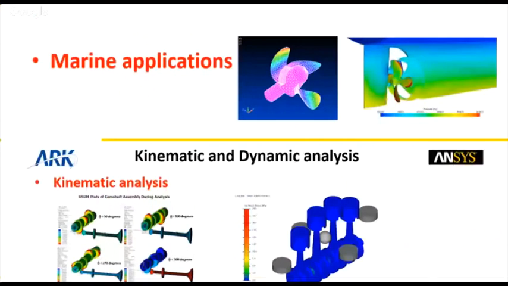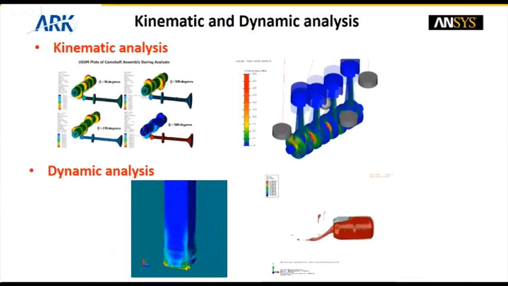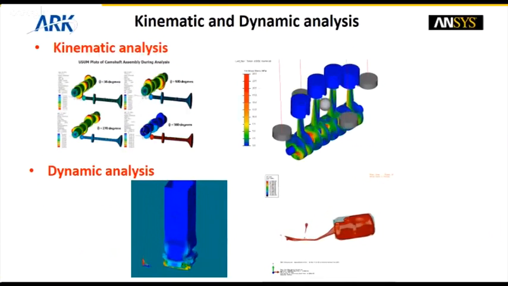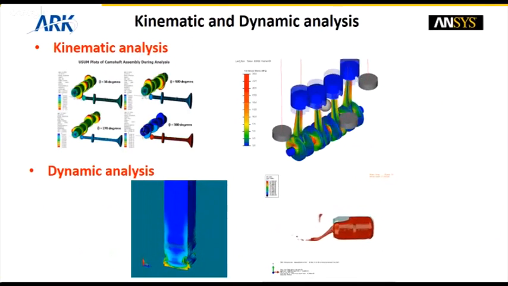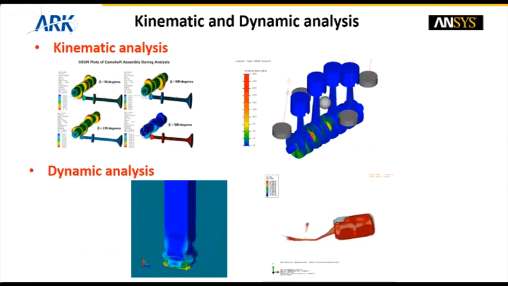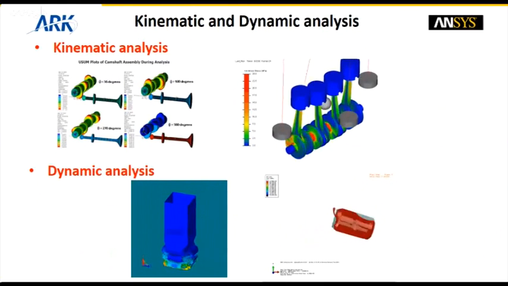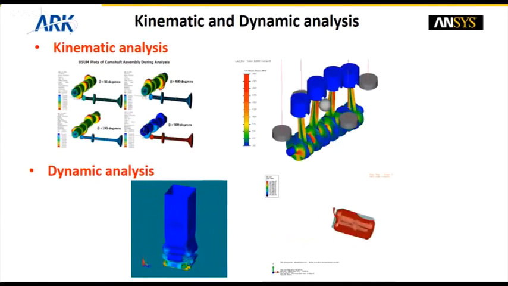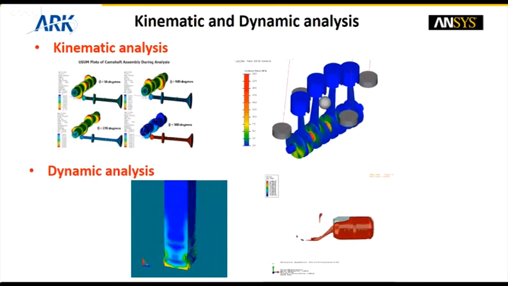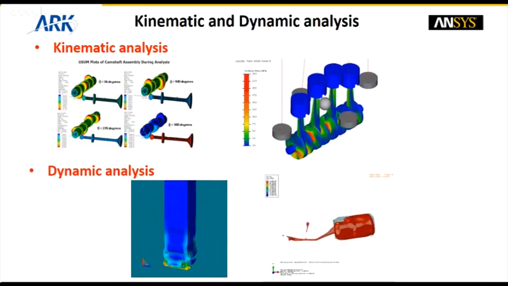ANSYS can handle this as well. ANSYS can also handle dynamics and kinematics. Kinematics means where we are more concerned about the velocities and accelerations of our structure or our joints. ANSYS can handle this as well as dynamic simulations, whether dependent on time or independent of time.